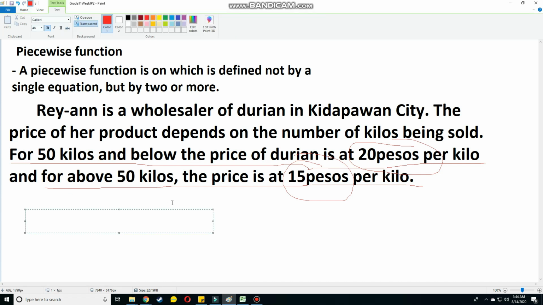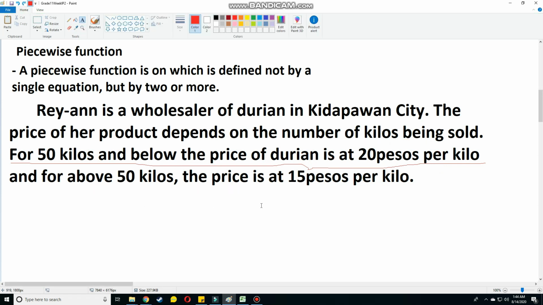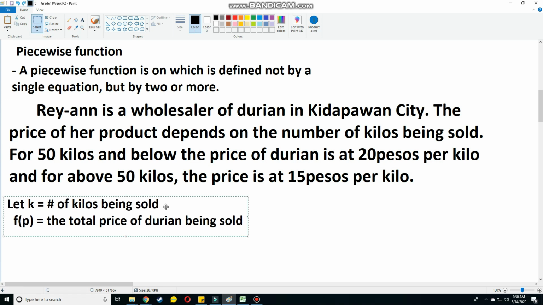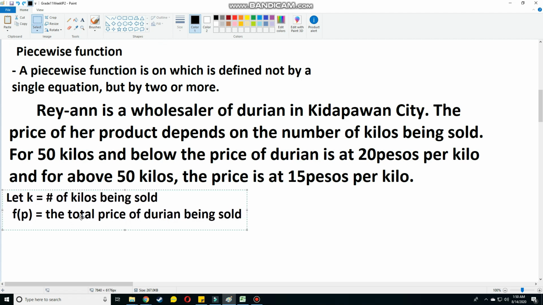Let's have the representations first before we have the function. Let K equal the number of kilos being sold, and F of P equal the total price of durian being sold. These are our representations, so we use K for our independent variable, meaning the number of kilos being sold, and F of P is the total price.